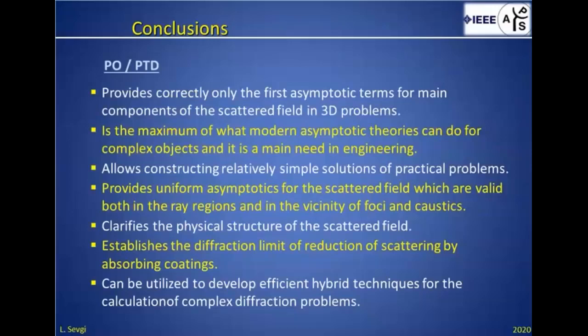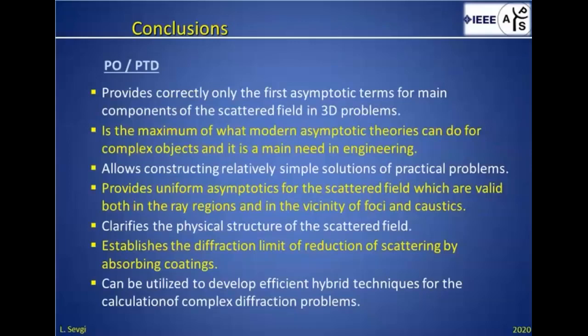On the other hand, PO-PTD provide correctly only the first asymptotic terms for the main components of the scattered field in 3D problems. So PO-PTD is more general compared to GO-GTD, and is the maximum of what modern asymptotic theories can do today.